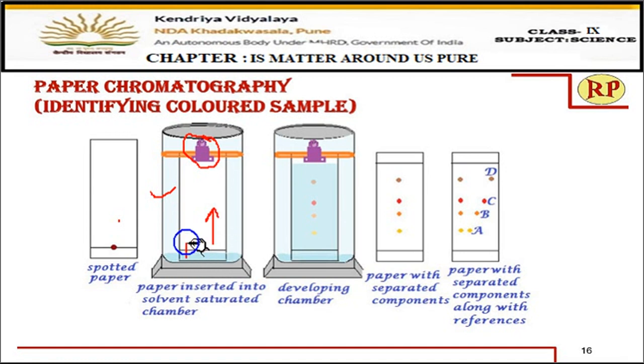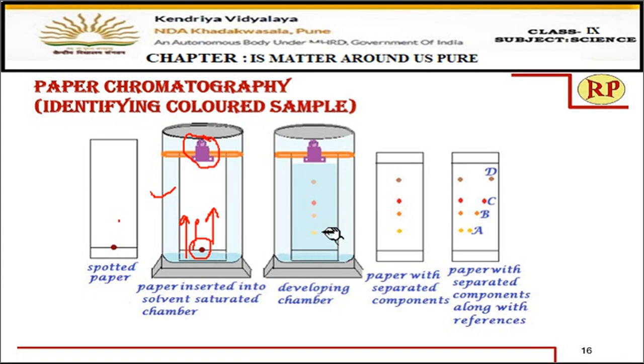And the components which are present in the ink will also start moving along with the water, because these components are soluble in water, and according to their solubility in water they will move up to great heights.